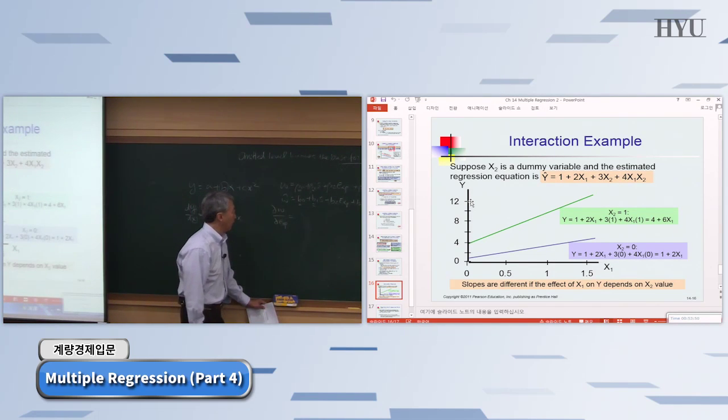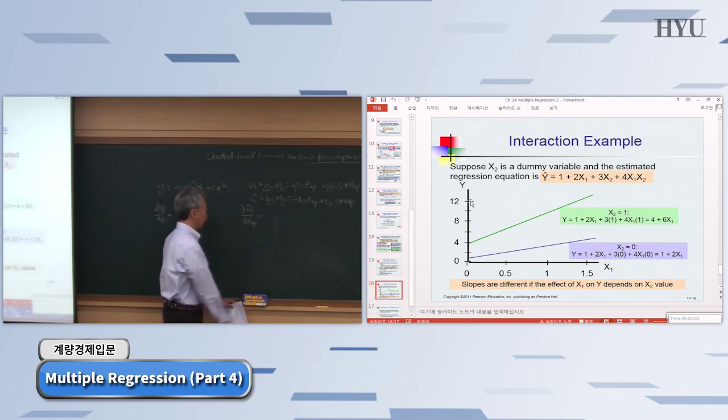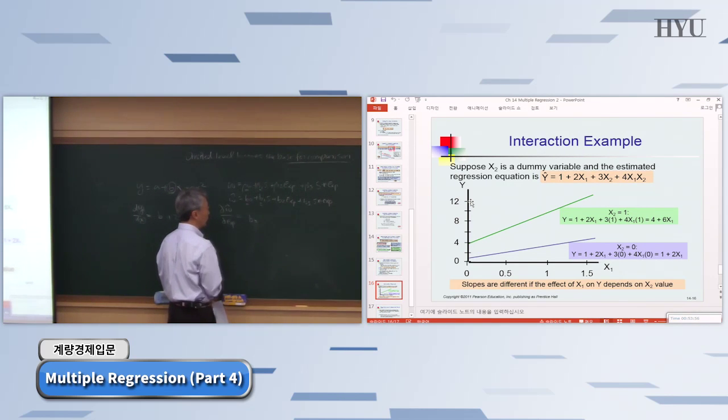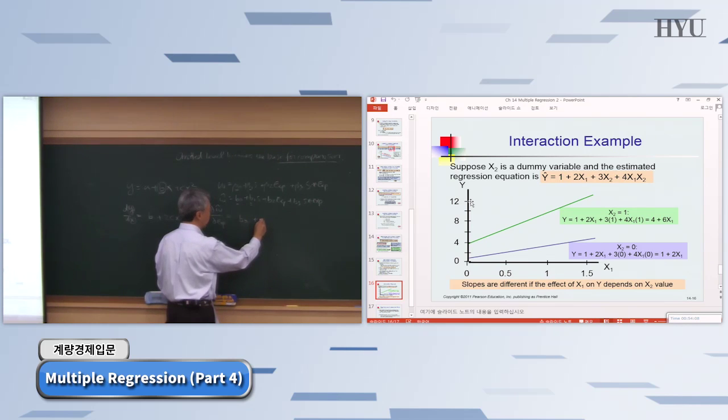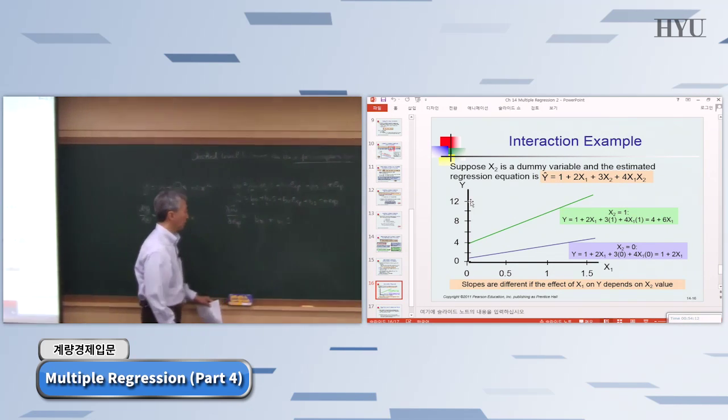So if you take the derivative, what you get is B2 and what do you get? B2 plus B3 S, right?